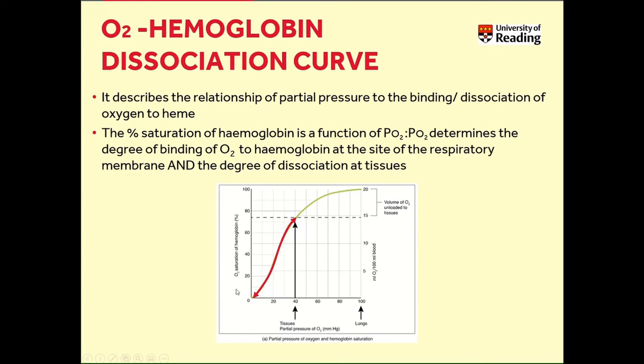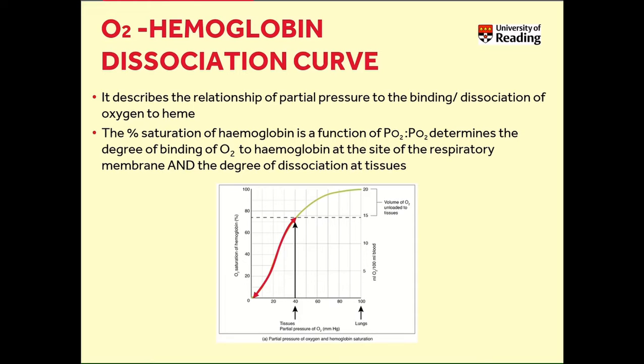So what you can see is that there is a very steep saturation increase of hemoglobin when the partial pressure of oxygen increases from 0 to 4. So the saturation increases very quickly.